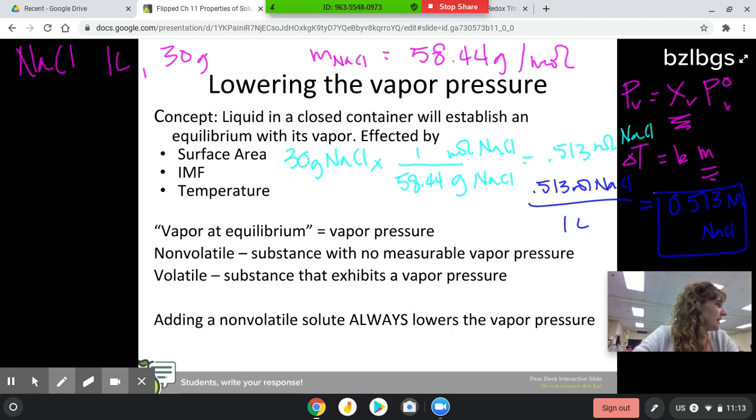Okay. All right. Couple of you beat me there. Good work. Yes. So our solution is 0.513 molar sodium chloride. So that is the molarity in terms of the compound, sodium chloride, right? But when we take sodium chloride and put it into water, sodium chloride breaks up into ions. How many ions does sodium chloride break up into?